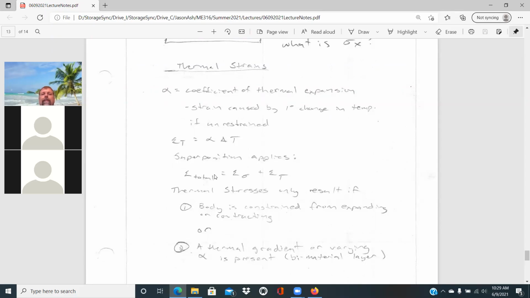But that's really referring to the strain that's caused by 1 degree change in temperature if it's unrestrained. So thermal strains occur due to that change in temperature.